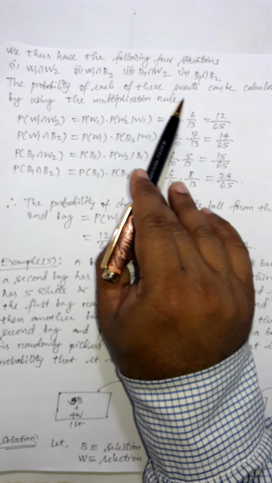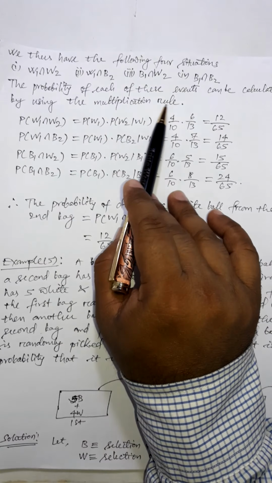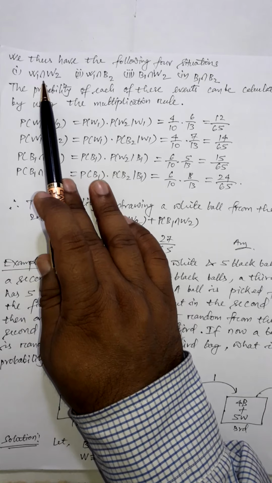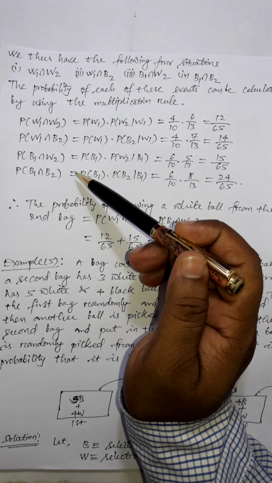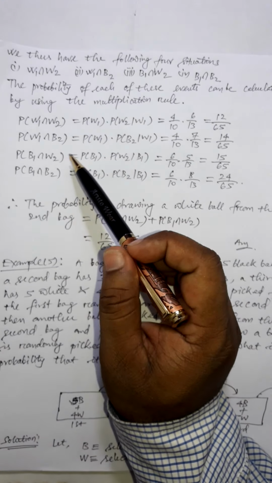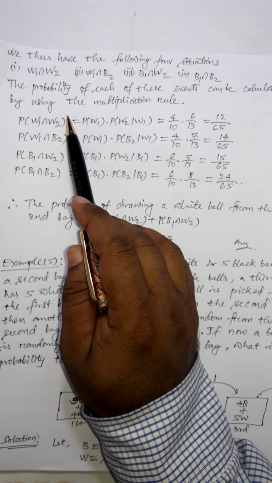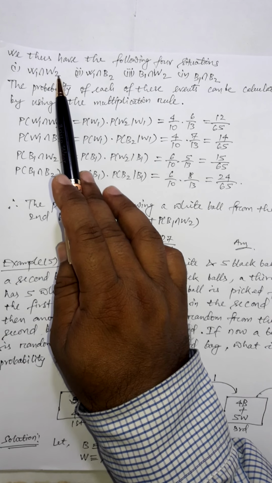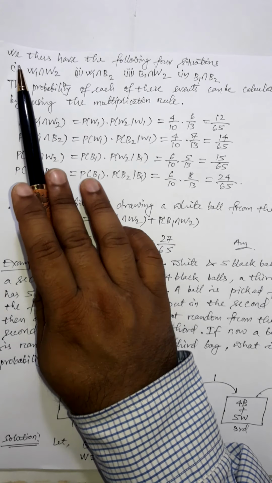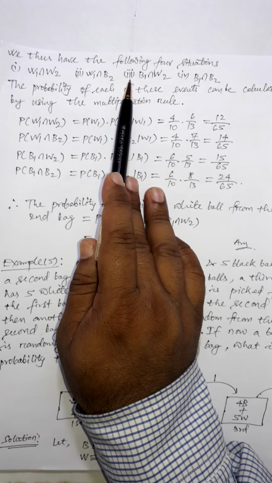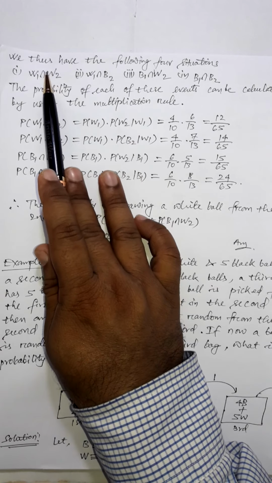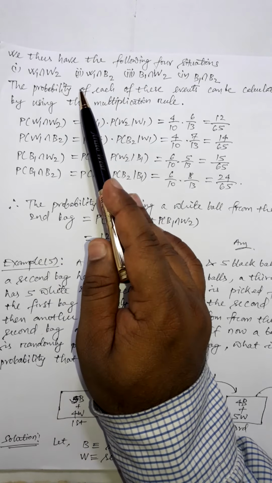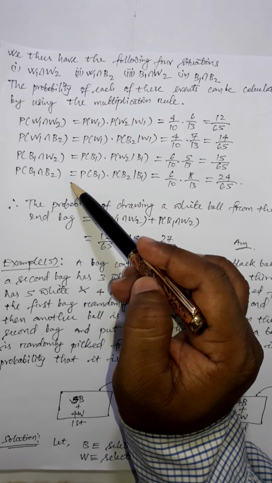Now the probability of each of these events can be calculated by multiplication rules as follows. Actually we don't need all these cases, we need only 2 cases out of that. Our requirement is the probability that the second draw is a white ball, that is the I and III cases. Here the second draw is a white ball. So we need this only, but let us discuss and calculate all these things together.